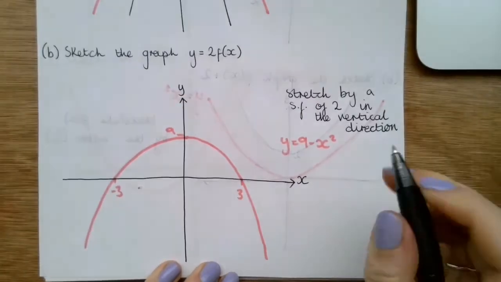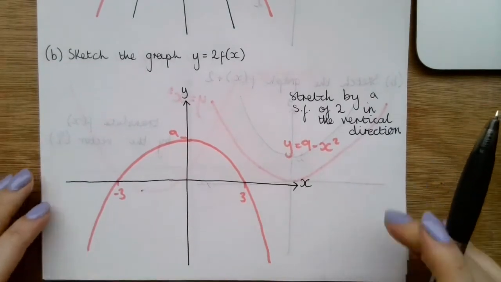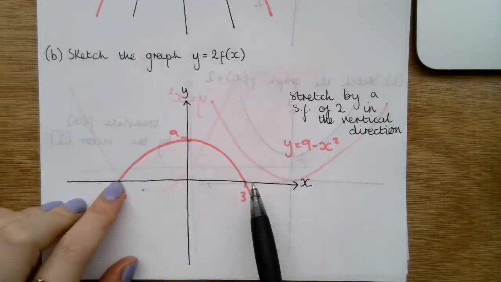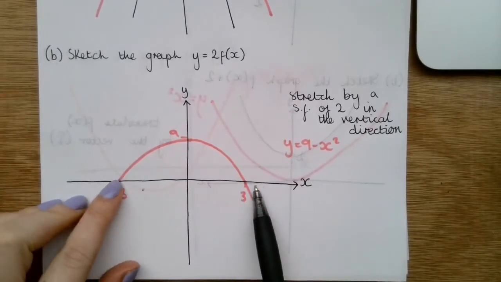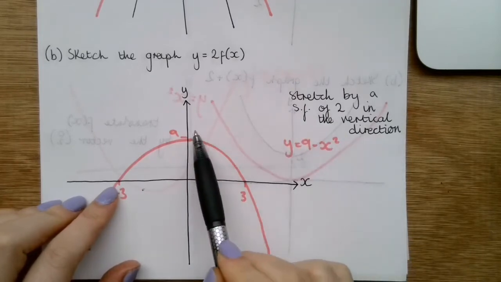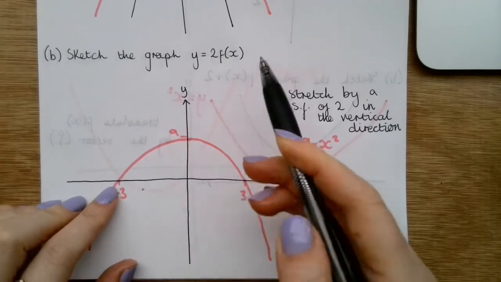So that means all of our y coordinates are going to be multiplied by 2. Again, if I look at my key points, my y coordinates for the roots, they are 0, so these are not going to change. The x coordinates stay the same if it's a stretch in the vertical direction. The only key point that's going to change is this one here. So that's going to double.